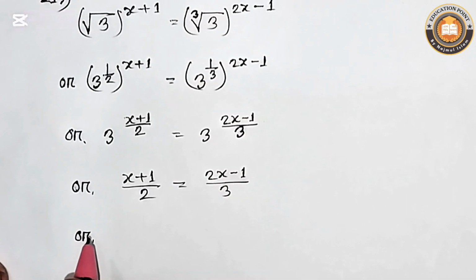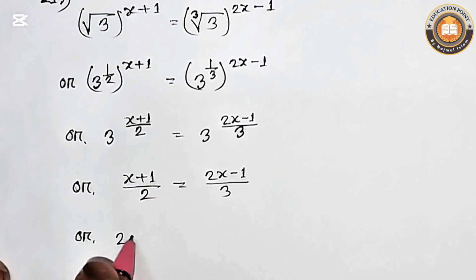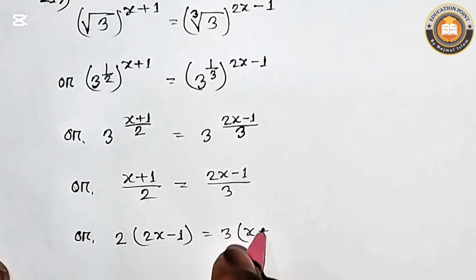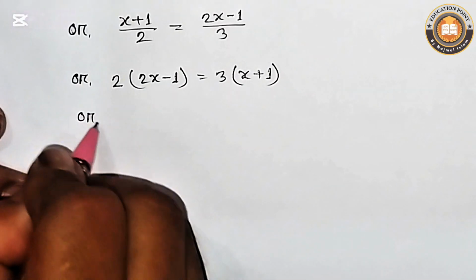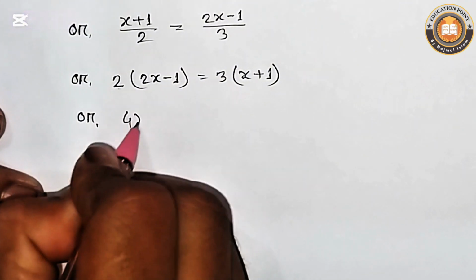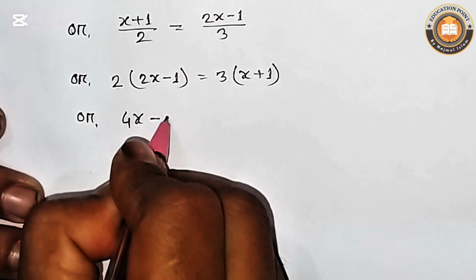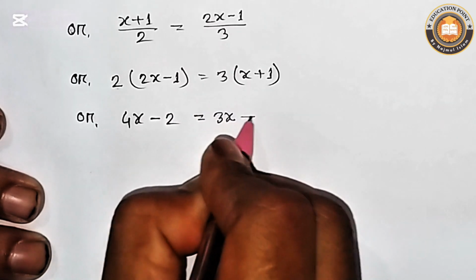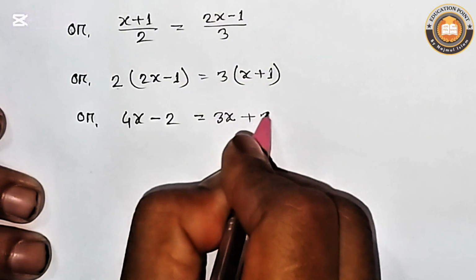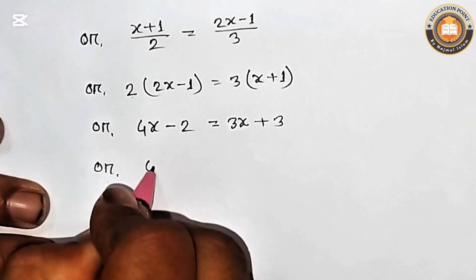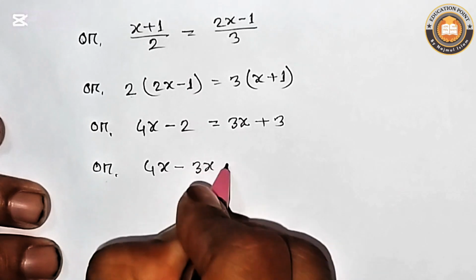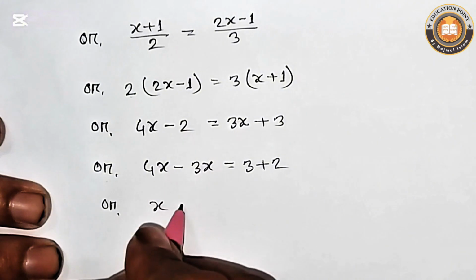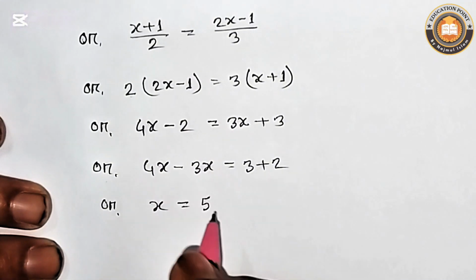Now we will apply the cross multiplying rule, that means 2 multiply 2x minus 1 equal 3 multiply x plus 1, or 2 multiply with 2x equal 4x, minus 2 multiply with 1 equal 2, equal 3 multiply with x, that means 3x plus 3 multiply with 1 equal 3, or 4x minus 3x equal 3 plus 2, or x equal 5.